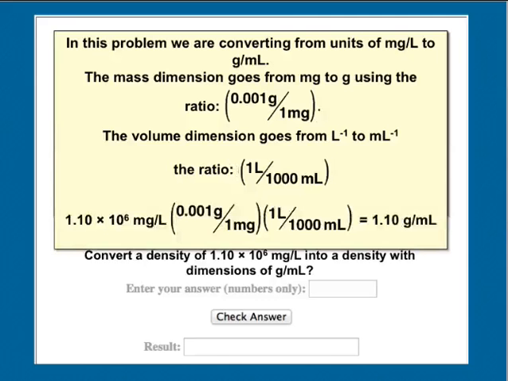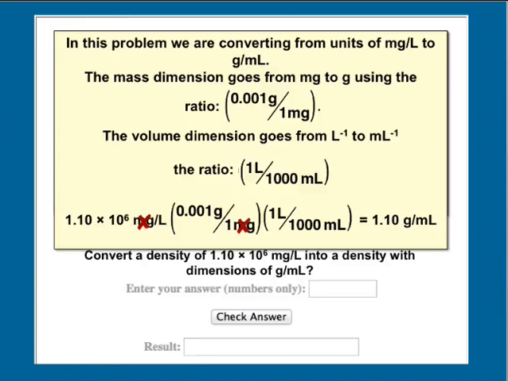Here I have milligrams and milligrams, and those two will cancel. In my given, I also have liter in the denominator. That means I need a ratio with liter in the numerator.